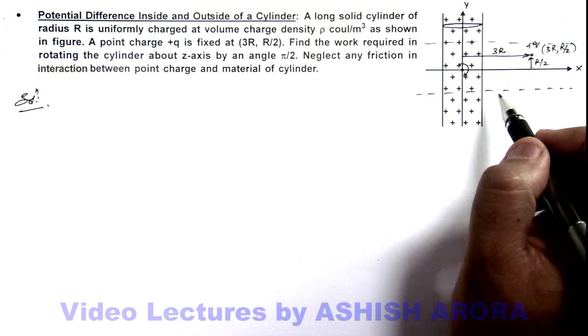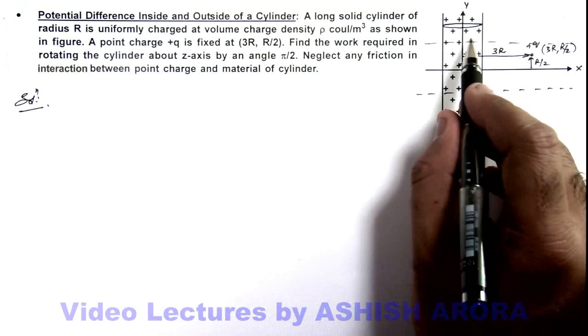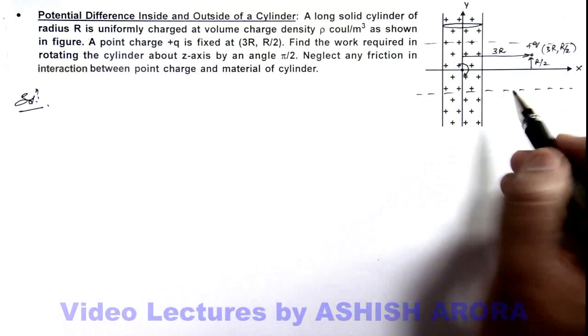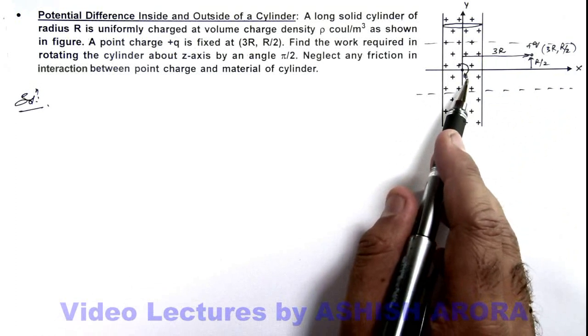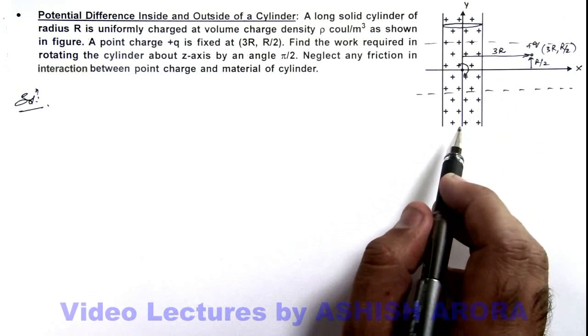If I wish to calculate the work done in rotating the cylinder from the initial to the final state, as this is a conservative field, I can calculate work by any method so long as the final situation remains the same.